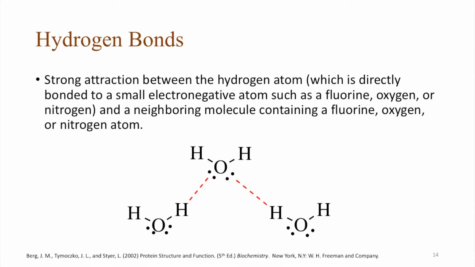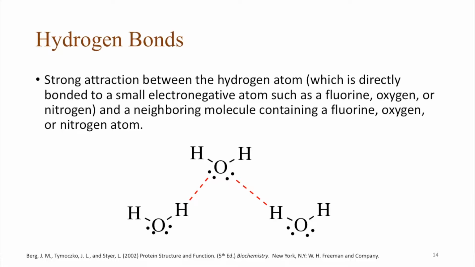The large electronegative difference between hydrogen and any of these small electronegative atoms causes the hydrogen atom to have a fairly large partial positive charge within the bond, while the fluorine, oxygen, or nitrogen atoms have a fairly large partial negative charge. In the representation below, you can see an example of hydrogen bonding, where one water molecule is forming hydrogen bonds with two molecules of water.